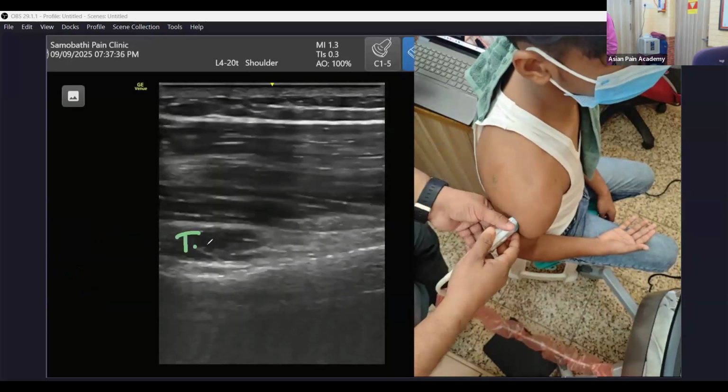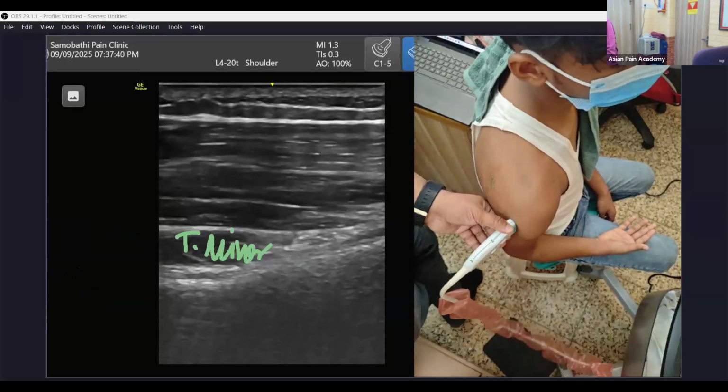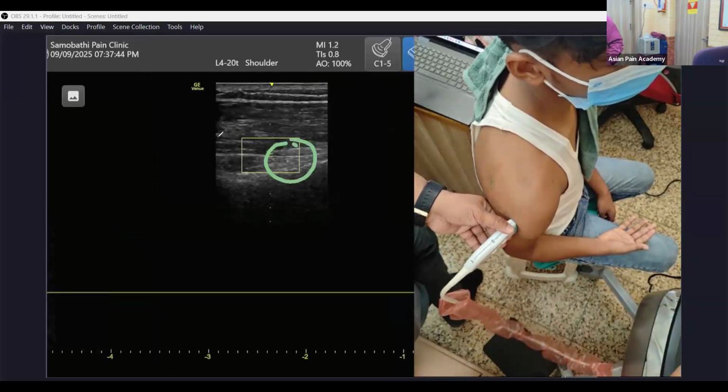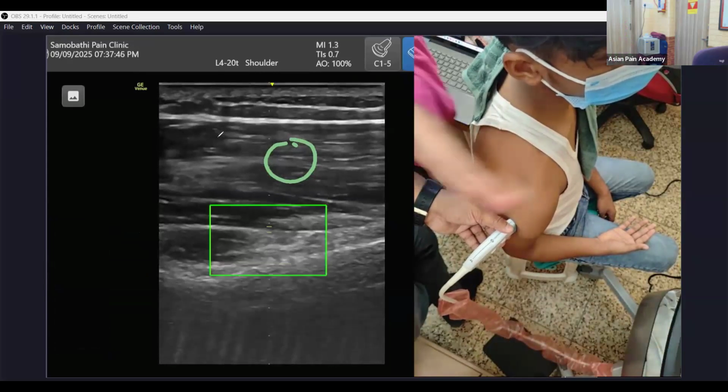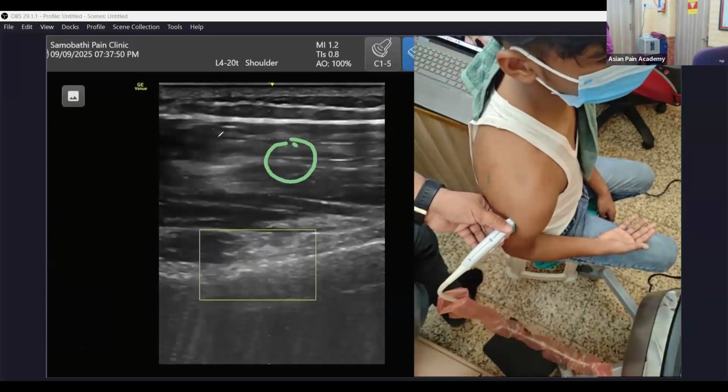So sometimes it can take color, but not always. Let us try once again. So if it takes color, then it is fine. Again.